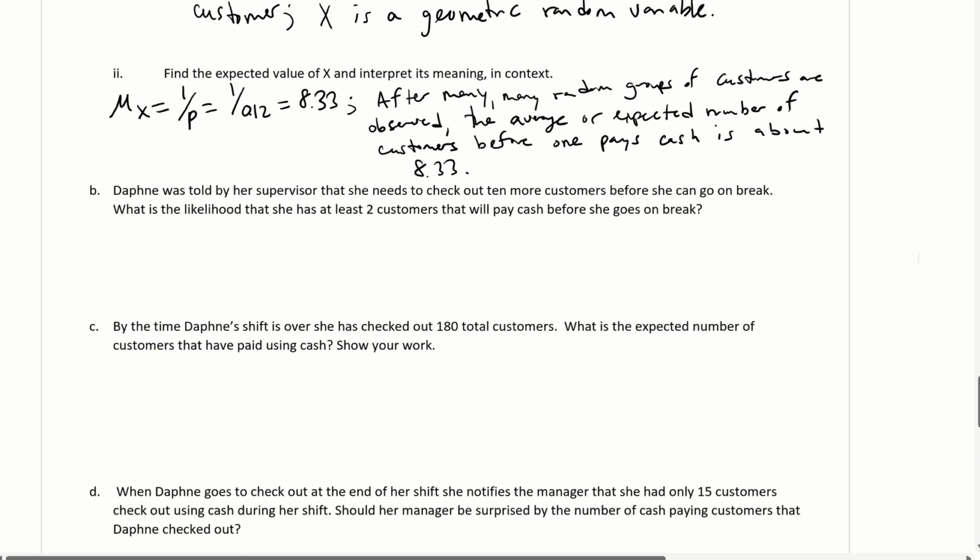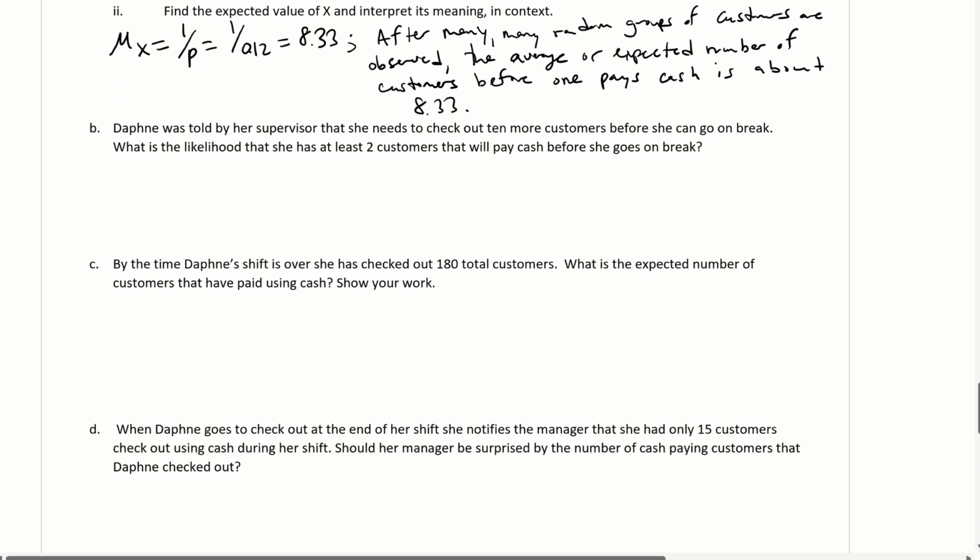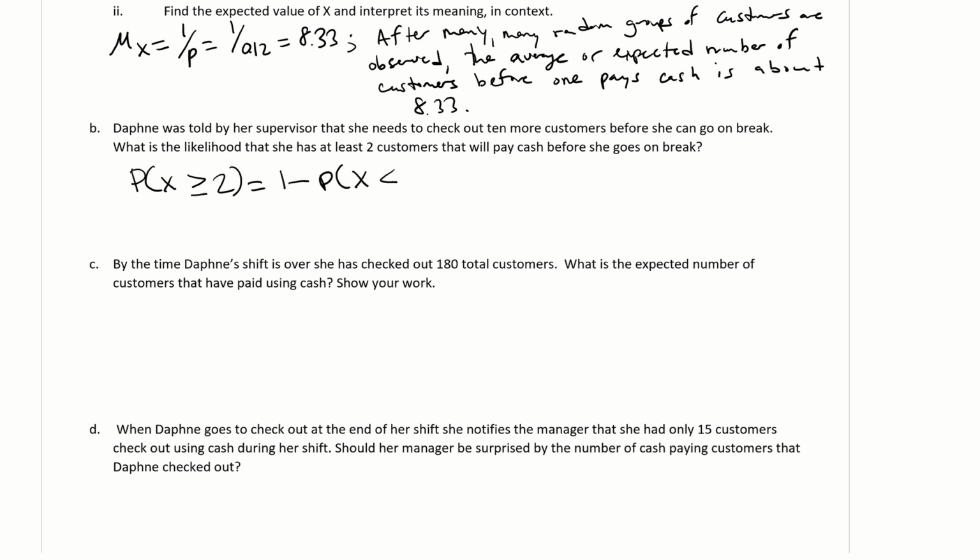Okay, Daphne was told by her supervisor that she needs to check out 10 more customers before she can go on break. What is the likelihood that she has at least 2 customers that will pay cash before she goes on break? Okay, so we want X greater than or equal to 2. The opposite of that is X less than 2, so really we want the probability that X is less than or equal to 1.